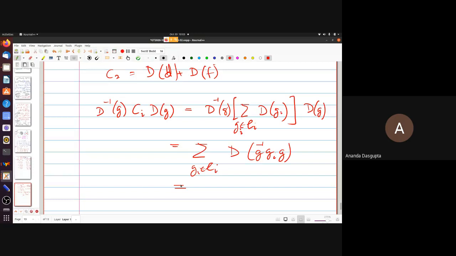But can anybody tell me what will be the case here? I'm not summing up over the entire group. I'm summing up over just a class, the ith class. CI. This will also be CI. Okay, is everybody clear about that?